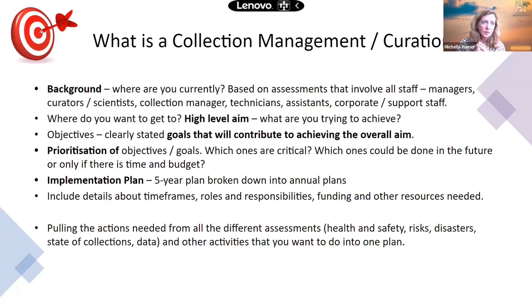There's a template for collections, a template for dry collections, to try and see where your needs are. And then you need to know about your data, what's the current state of the data, and what needs to be done. So you're going to put all of those things that were highlighted as needing to be done into one plan. And there might be some other things that you're also planning, but all of it goes into one document. So you're not trying to work from 8 different documents to figure out what needs to be done.